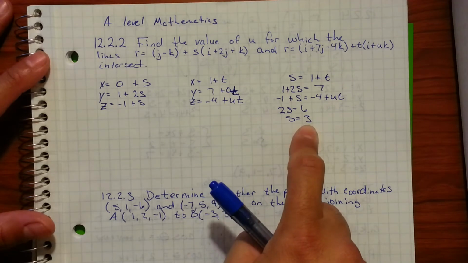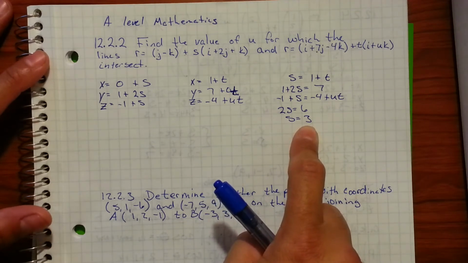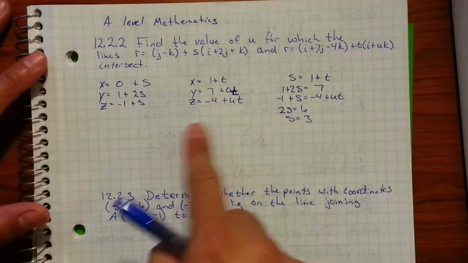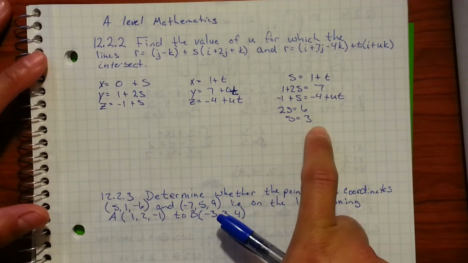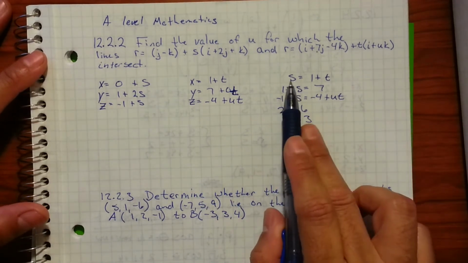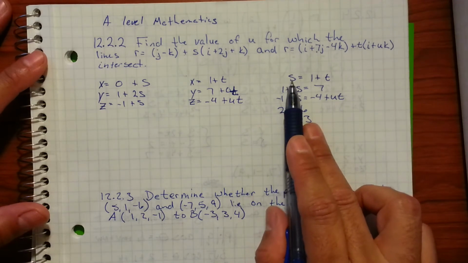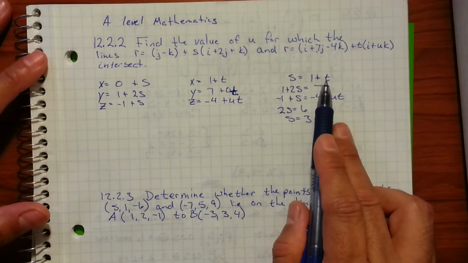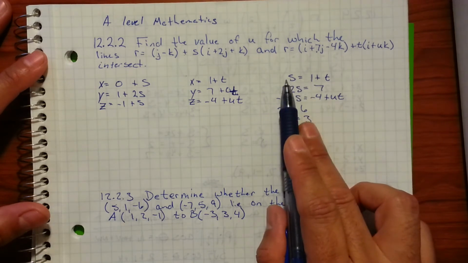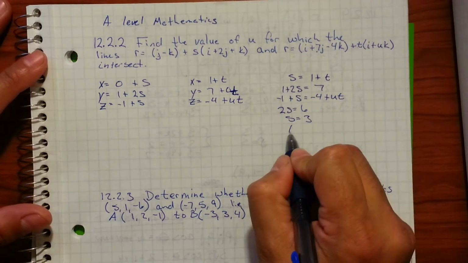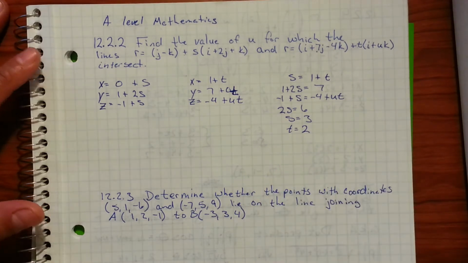So now I know what s is. I can solve for t now. If s is equal to 3, this is 3, this is 1, here's my t, so subtract that and it's going to be 2. So t is equal to 2.